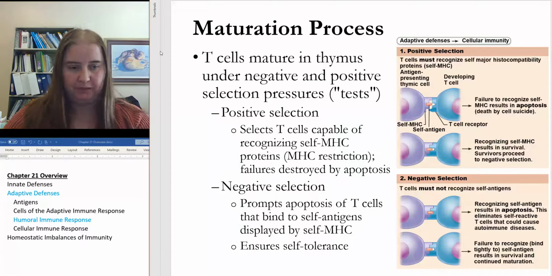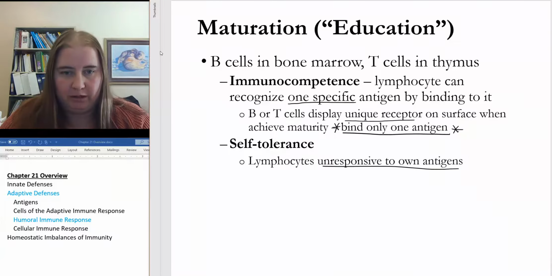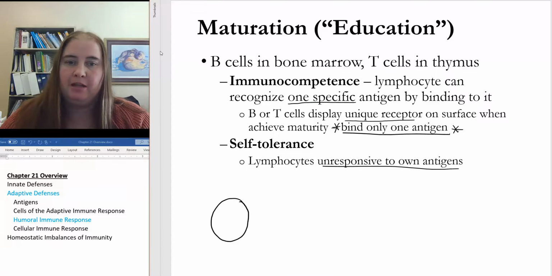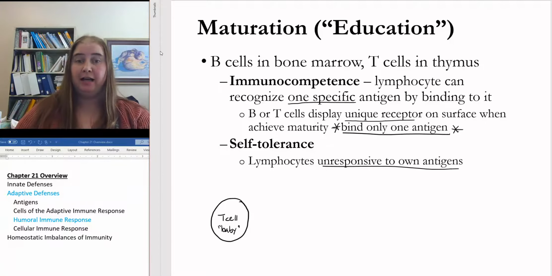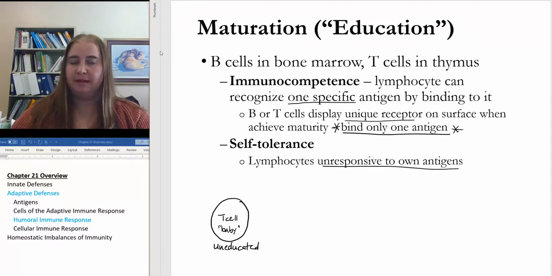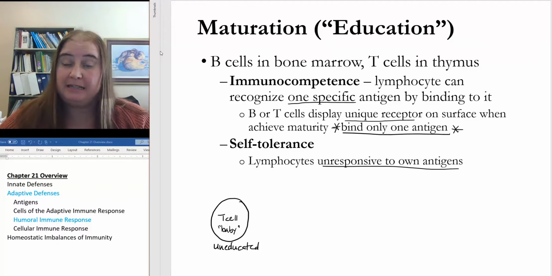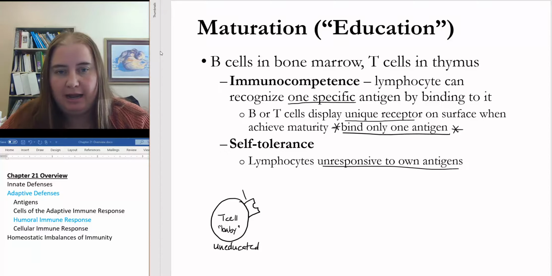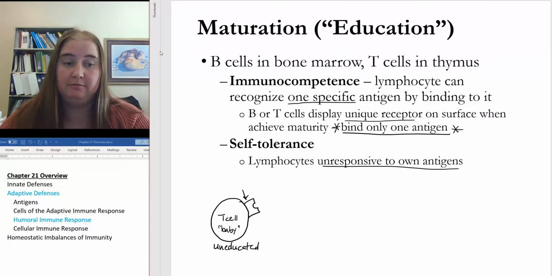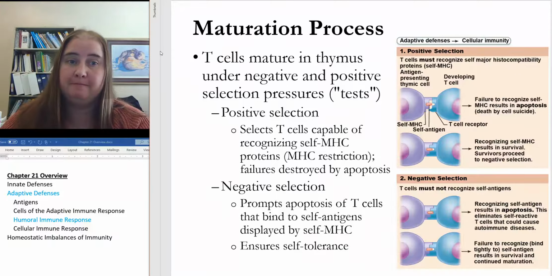So, I'm going to go back and we're going to draw a cell. So this is a T cell, and we're going to call it a baby T cell. Uneducated. Now, this T cell, because it's our cell, is going to have markers on it.